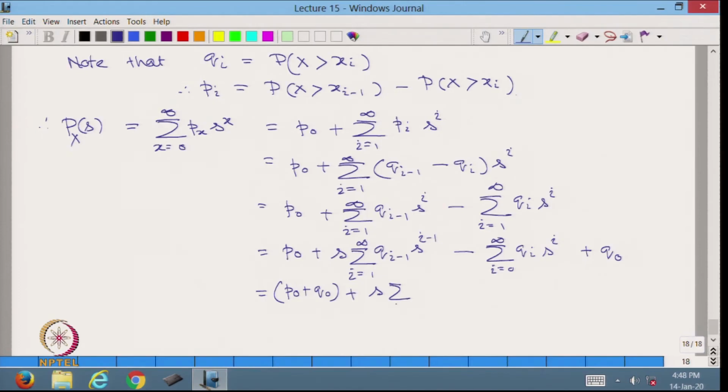We can write this as the sum over j from 0 to infinity of q_j s to the power j, minus the sum of q_i s^i, so it is P0 plus q0 plus q(s) and this is also q(s). So we can write it as q(s) into s minus 1.